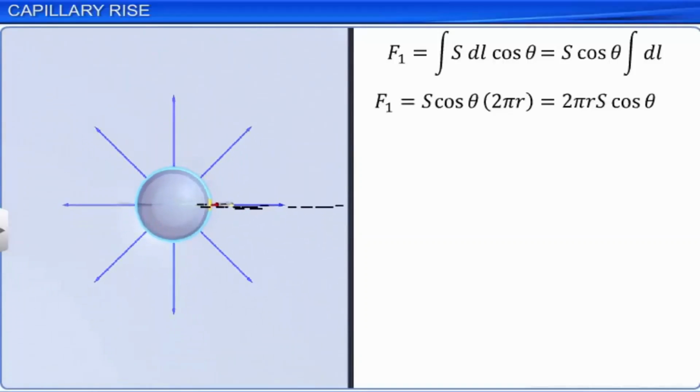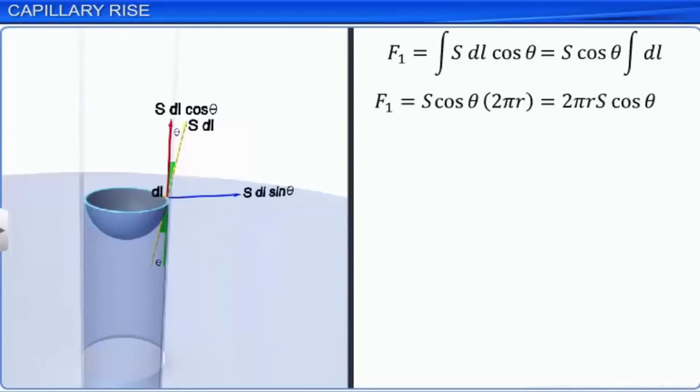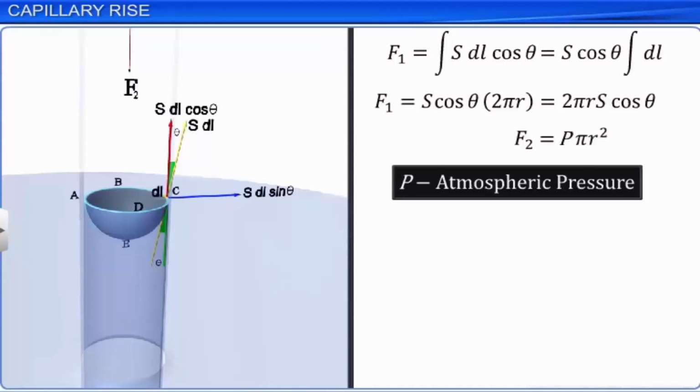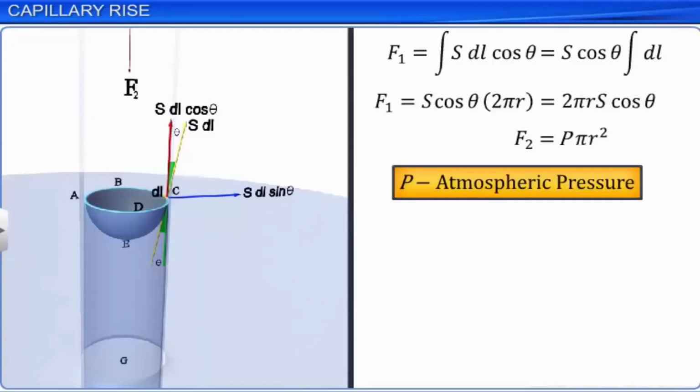The force due to the pressure of air above the surface ABCDE, F2, is equal to P into pi r square, where P is the atmospheric pressure. The direction of this force is vertically downwards. The pressure at point G in the tube is also equal to atmospheric pressure, as the point lies in the same horizontal plane as the surface of the liquid outside the capillary tube.